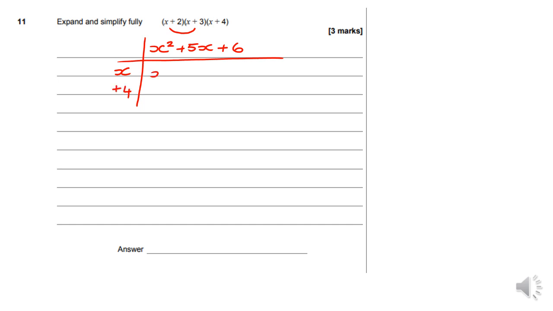So you get x cubed plus 5x squared plus 6x plus 4x squared plus 20x plus 24. It's just a matter of neatening it up a little bit. So you got 1x cubed, we got 9x squareds, we got 26x plus 24.